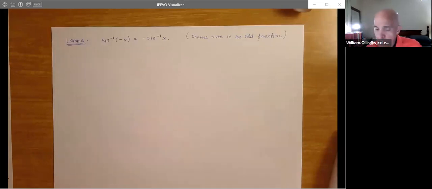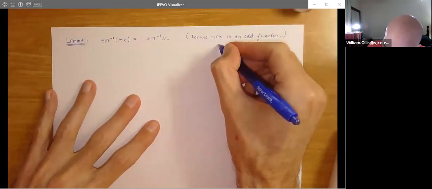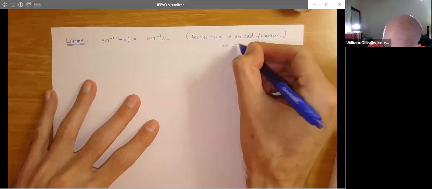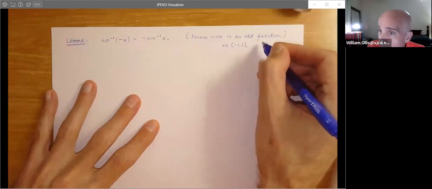So when you look at this, again, we need to make sure that we obey the restrictions of the inverse sine function. So as a little aside, as we have before, we know that x will live between -1 and 1. You write this down enough times, ladies and gentlemen, you will remember it.